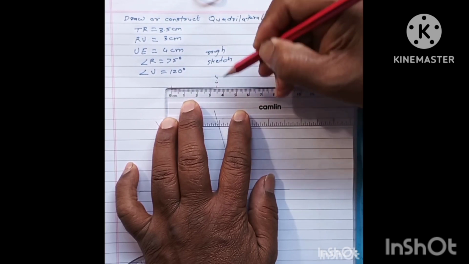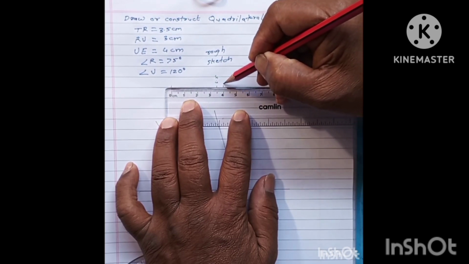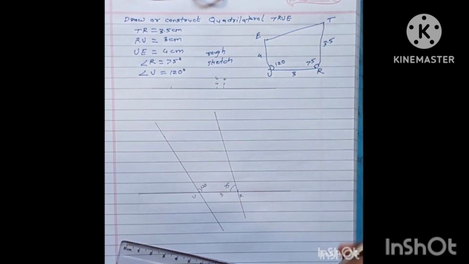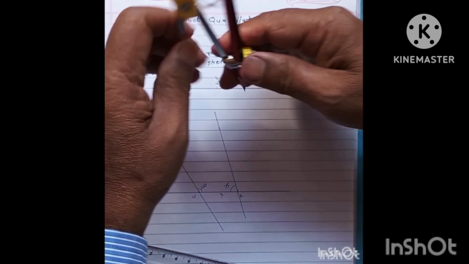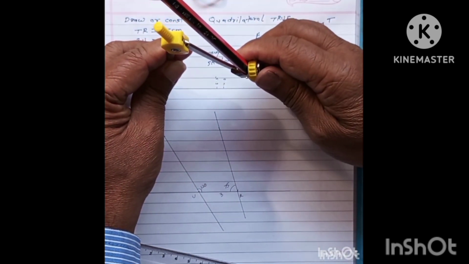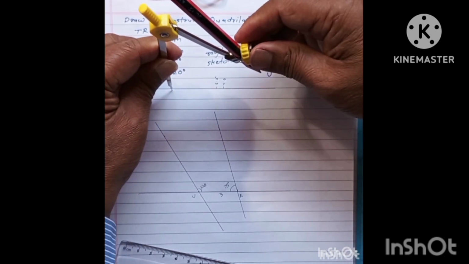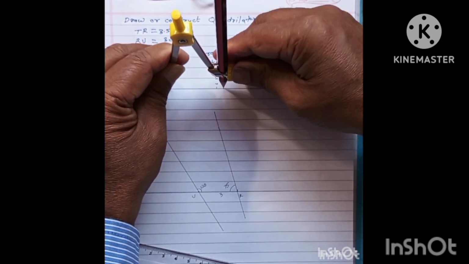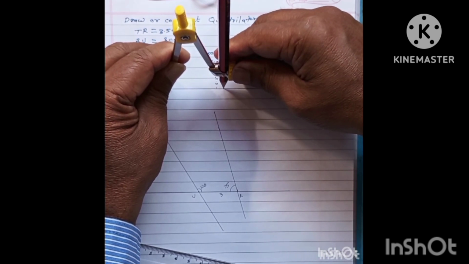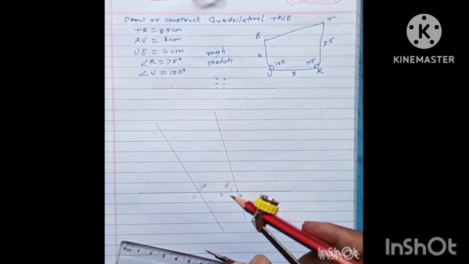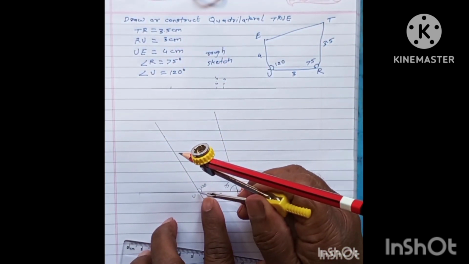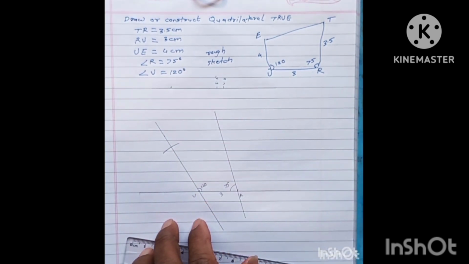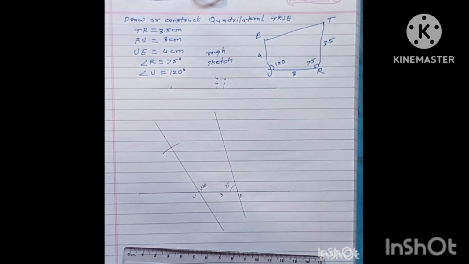You need only two distances. I have marked them, and now see, you can take any one of these. Taking that 4 first, from U you get this arc where E lies.